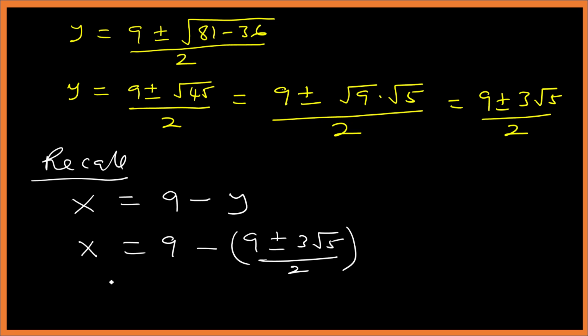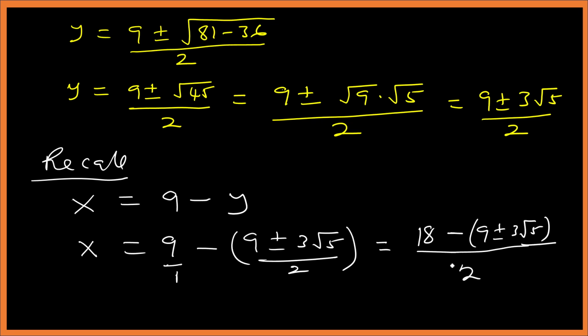So we can write this one as 9 over 1. We have 2 here, that's the LCM. 1 into 2 is 2 times 9, 18, minus 9 plus or minus 3 root 5. Let's go ahead and simplify this side.